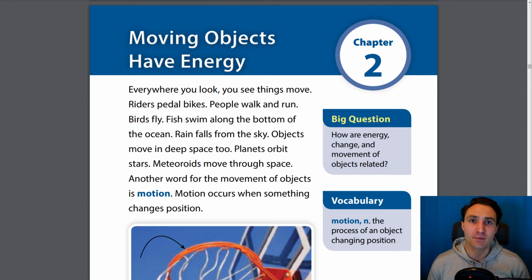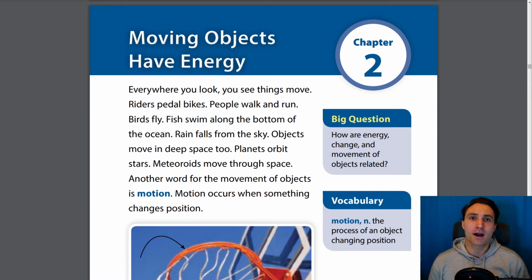Last time we talked about how energy causes change and the different forms of energy, how heat is energy, light is energy, sound is energy. We talked about how a rubber band can be pulled, and as we pull it apart, it is storing energy, and as we let go, that energy is released.